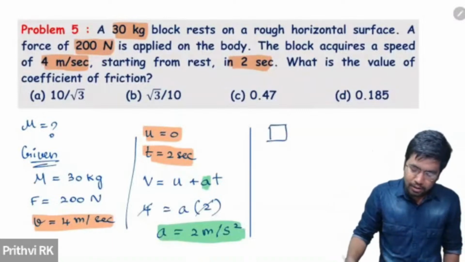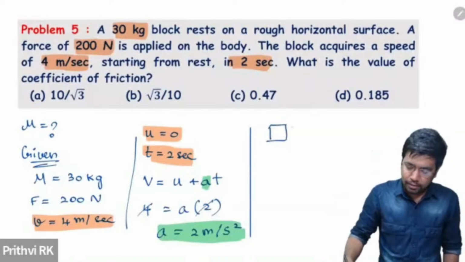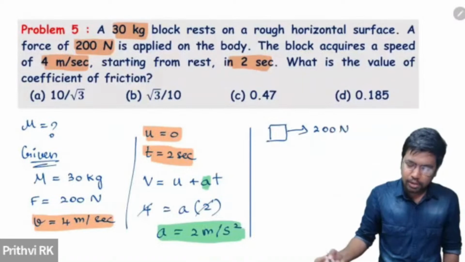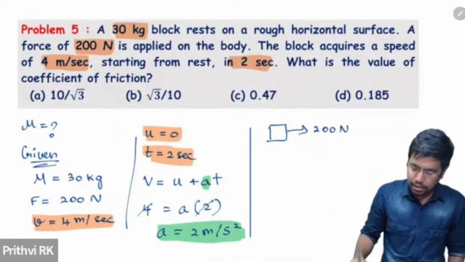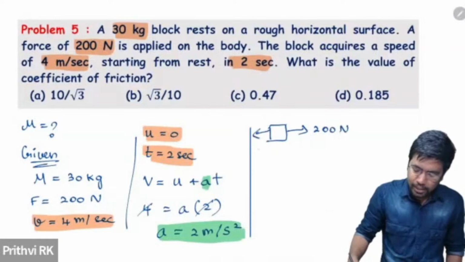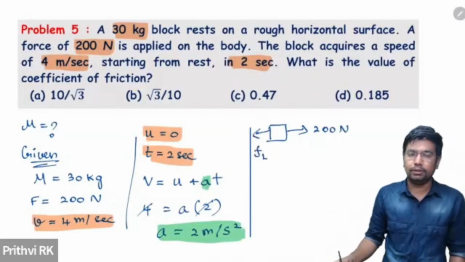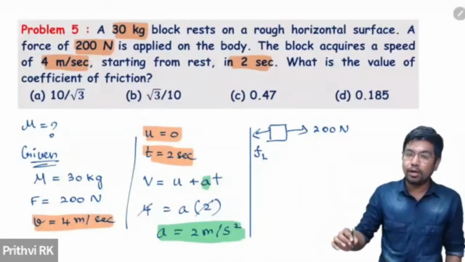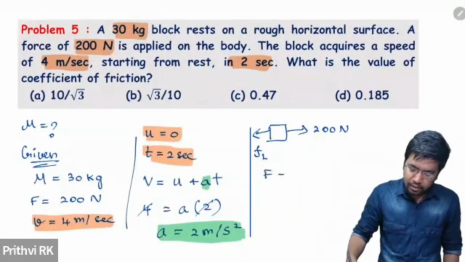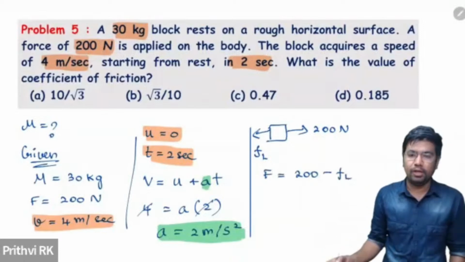If there is a block of mass M, and there is a 200 Newton force acting on it in one direction, we know that the friction will be acting in the opposite direction. So the total force acting on the object is F equal to 200 minus the frictional force FL.